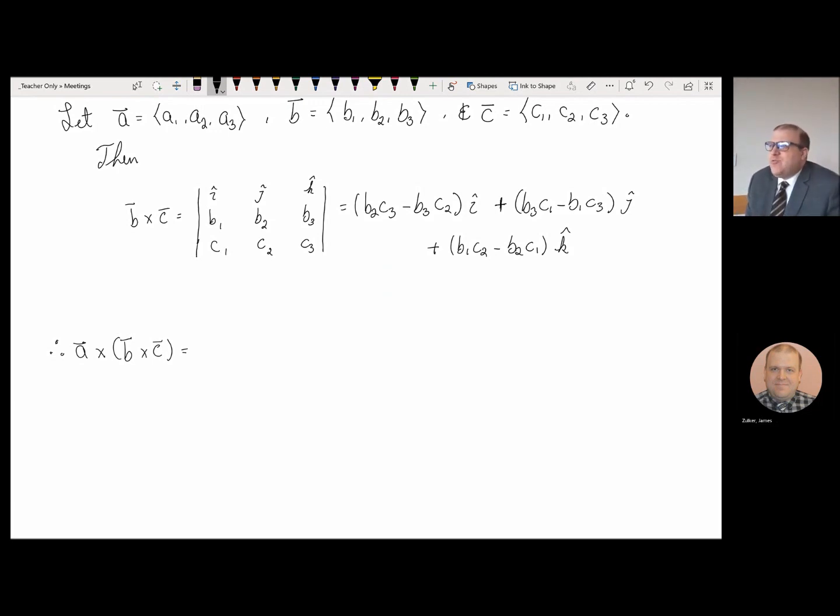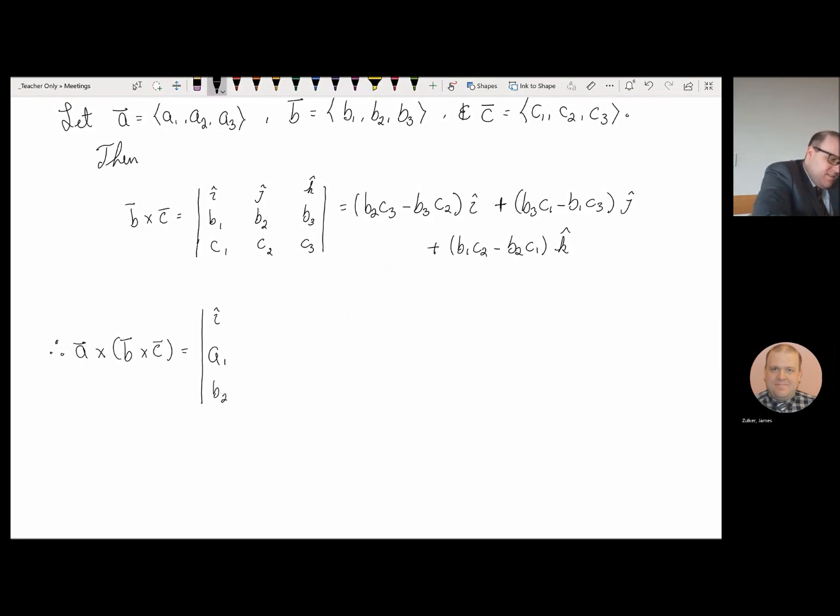Now we can find A cross B cross C. First row, standard units. Second row is A. And I am going to need to give myself more room.